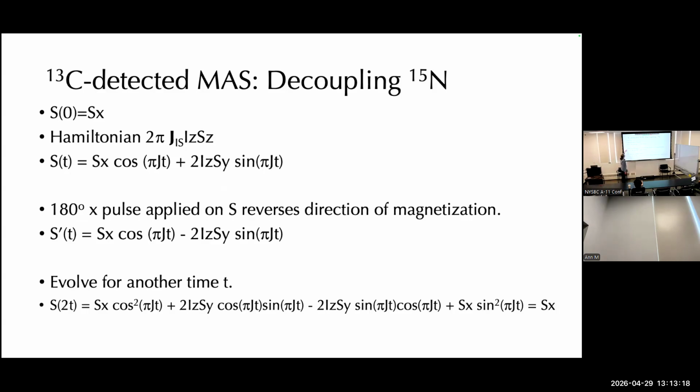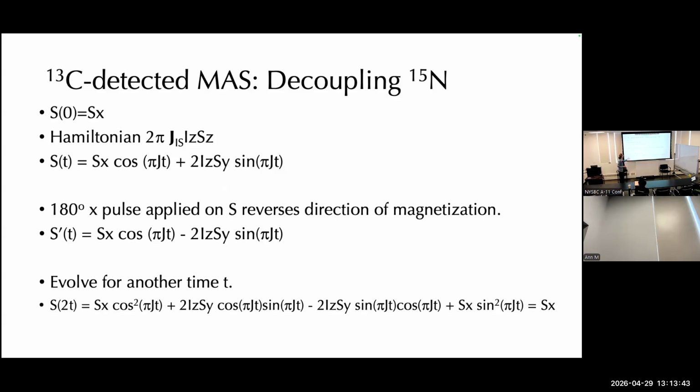Let's say I choose to apply that 180 on the spin of interest. It would reverse the direction of the magnetization. So if it's an X pulse, it would only affect this piece, not this one.